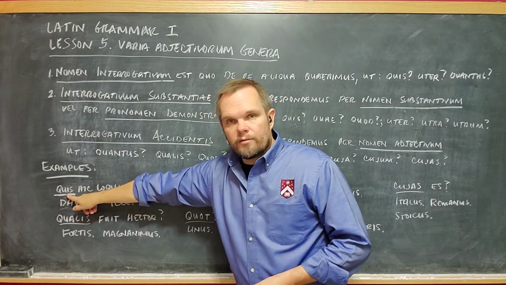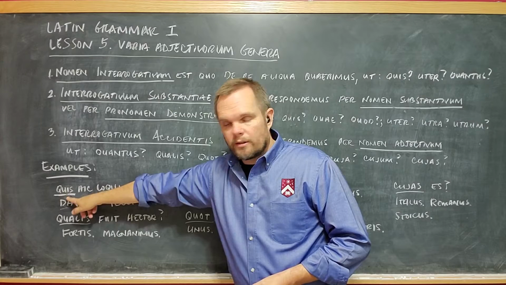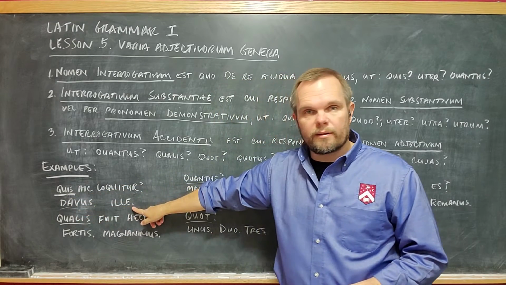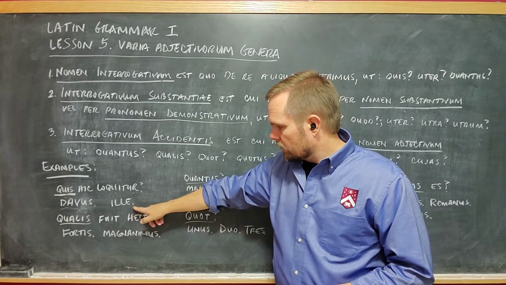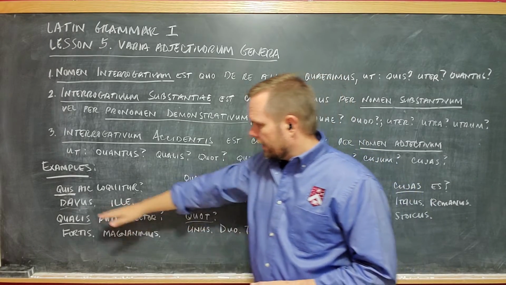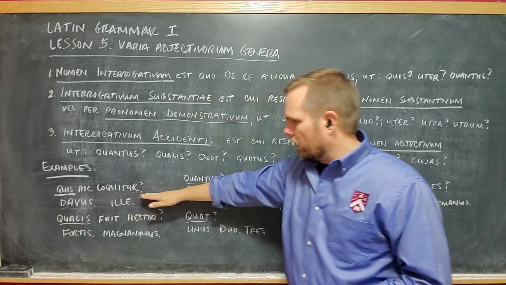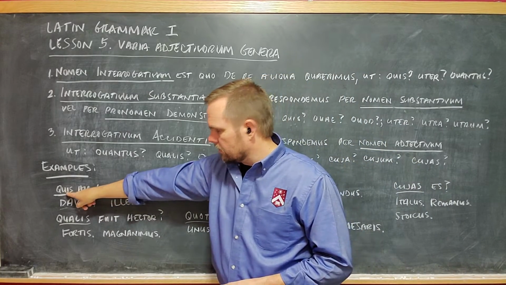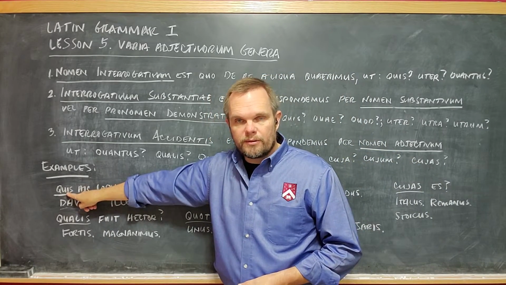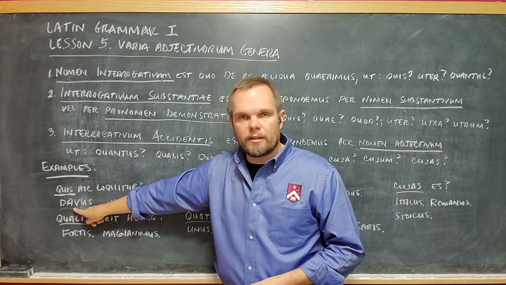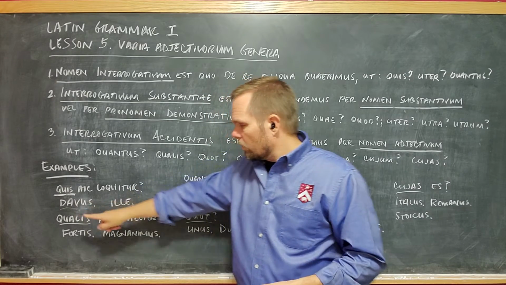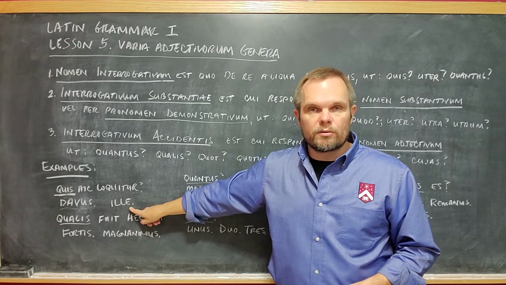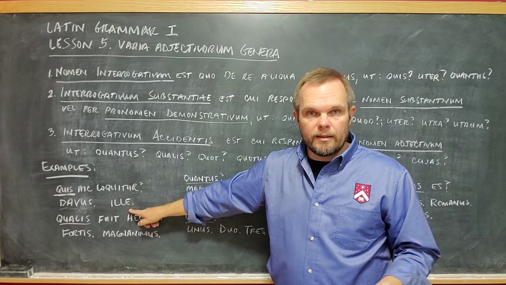This interrogative noun of substance can be answered with a demonstrative pronoun. Okay? That's what's being shown here. So Alvarez gives us an example of a question using an interrogative noun of substance, and then he shows us how it can be answered with a substantive noun like davus, or with a demonstrative pronoun like ille.